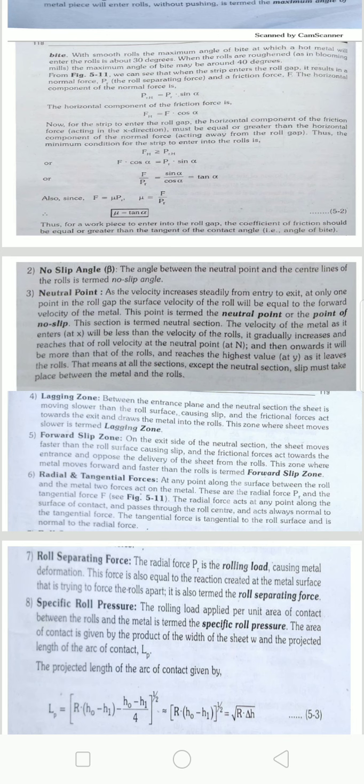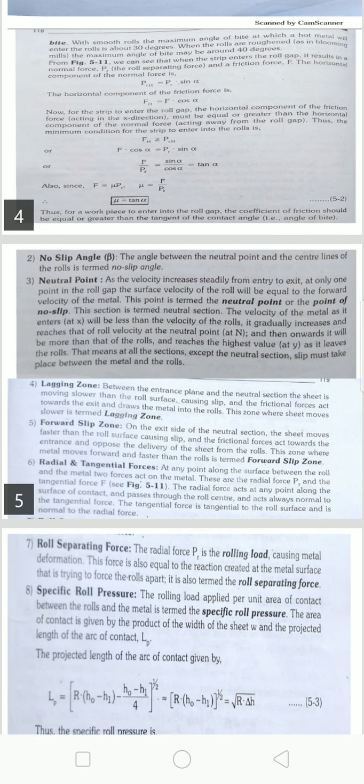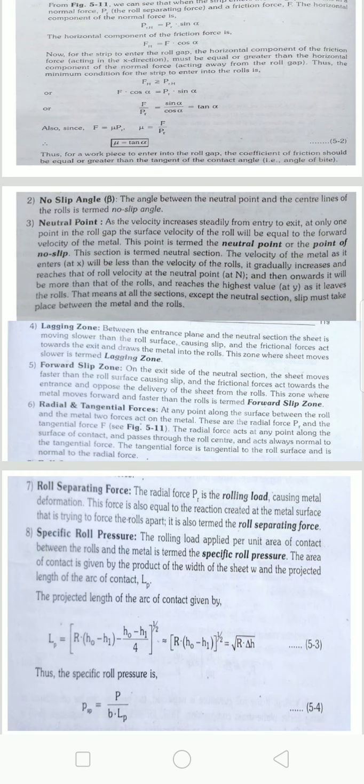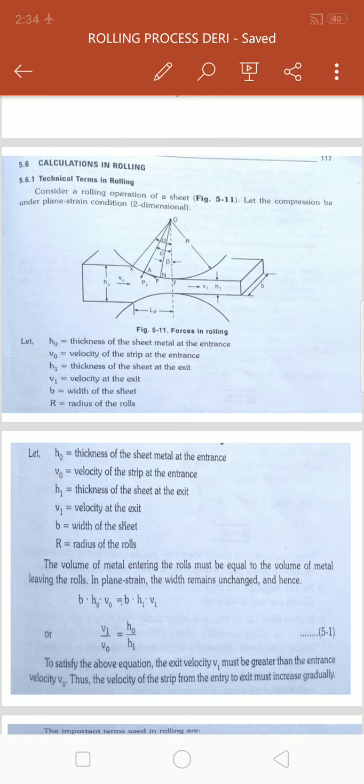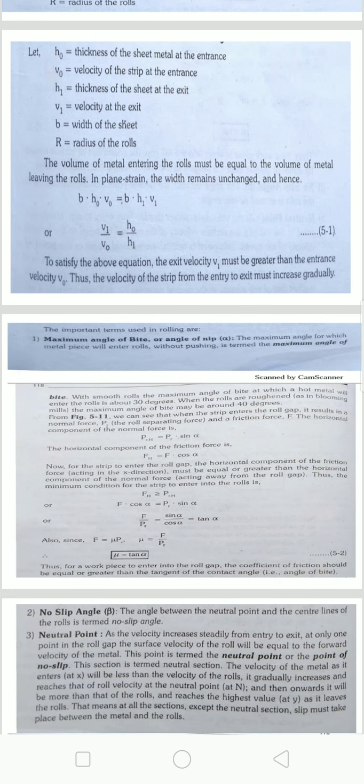The tangential force is tangential to the roll surface and is normal to the radial force. It is all shown in the picture. Go through the picture and identify all these angles, surfaces and points where exactly the maximum load force acts over the sheet.